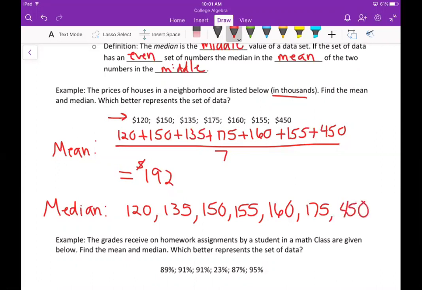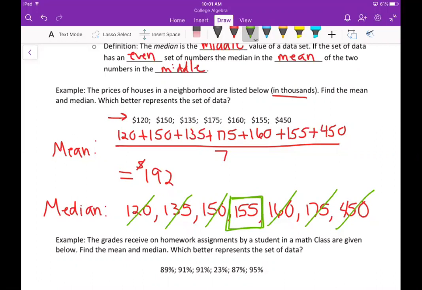There are 7 data points. That's an odd number, so we're going to end up with a number in the middle. I like to just visually do this, so I'm going to cross off equal amounts from the top and the bottom. And there I've got my median at 155,000.